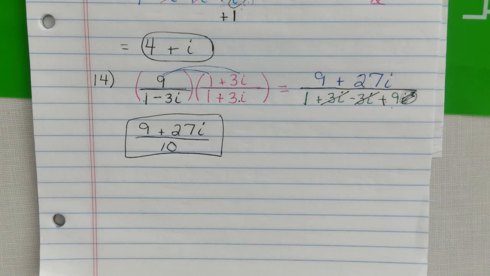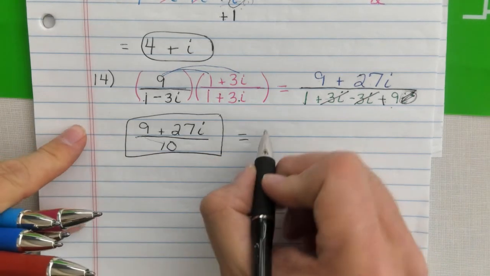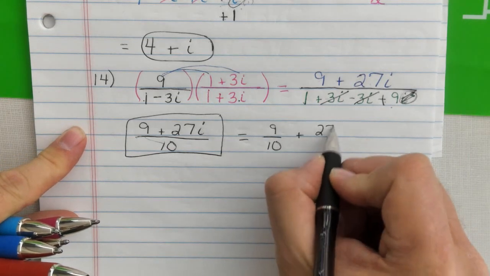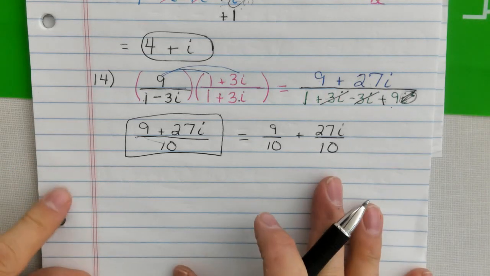Any questions there? Okay. It's only if there's something you can cancel. This answer would be right if you'd separated it 9 over 10, and you could type that in, and that would be a perfectly legitimate answer.